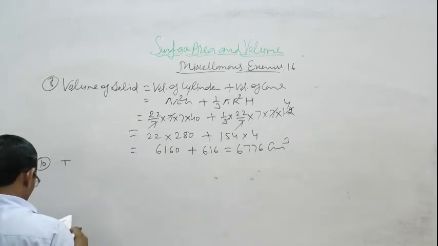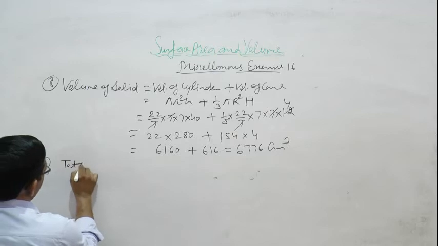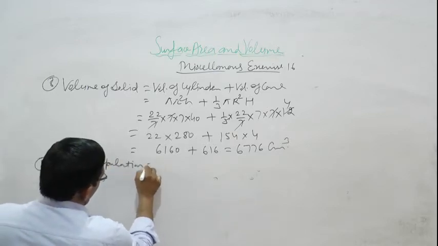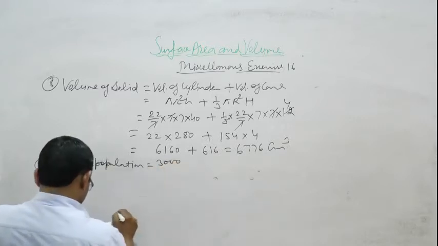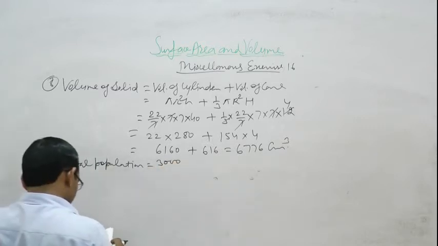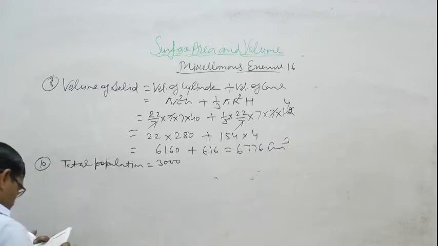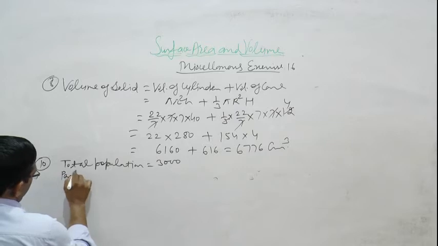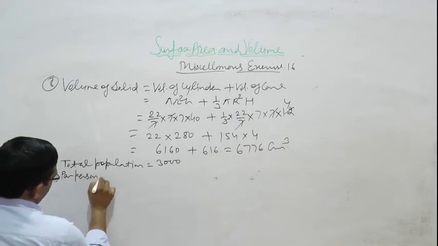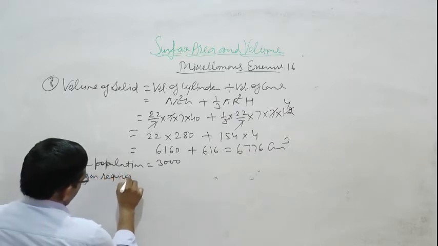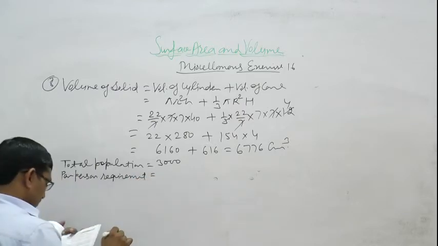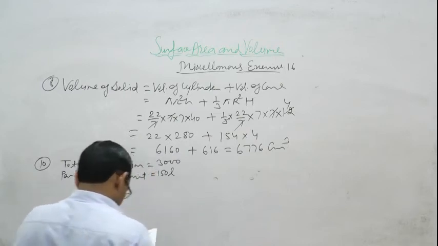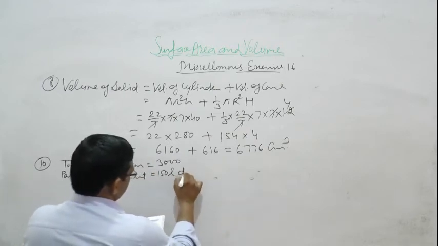So total population, how many? 3000. And requirement of 150 liter per person. Per person requirement is 150 liter.